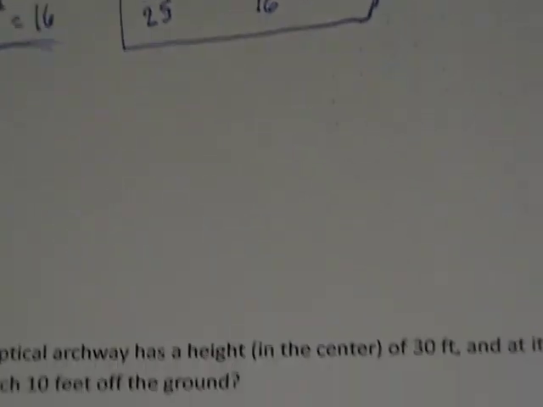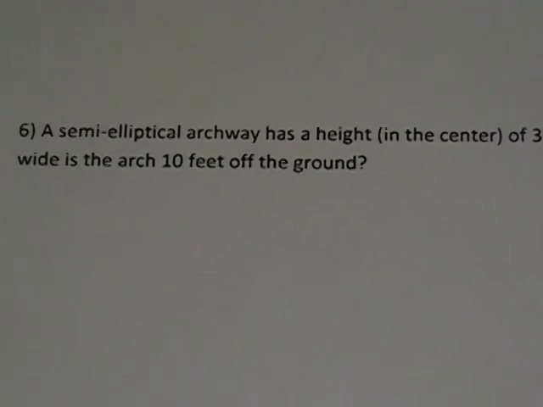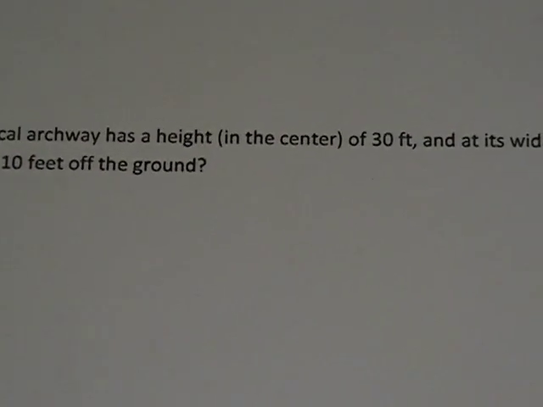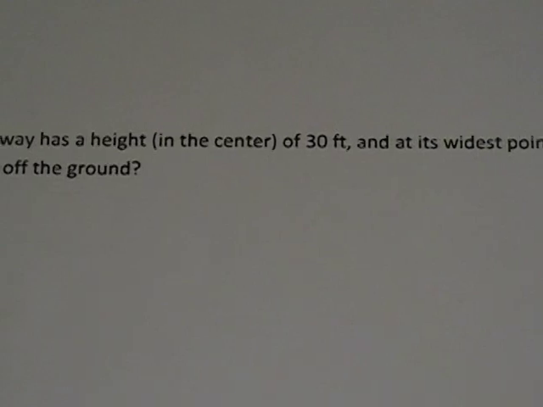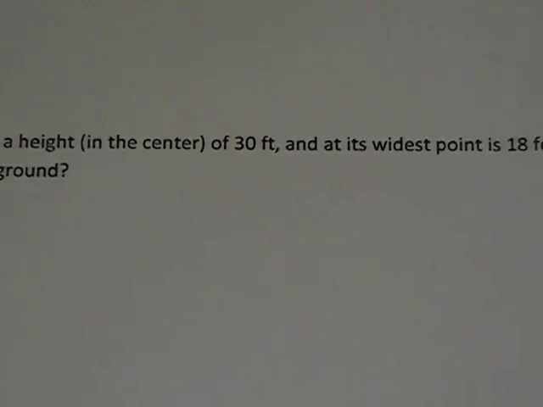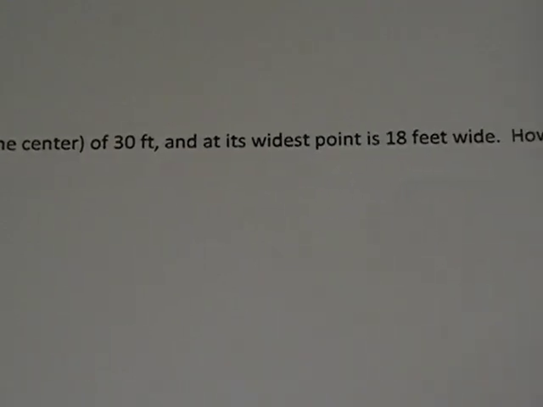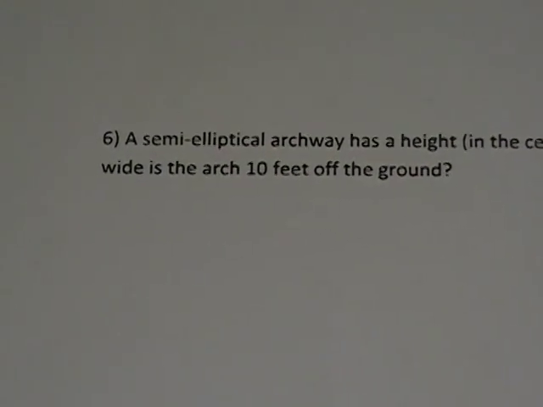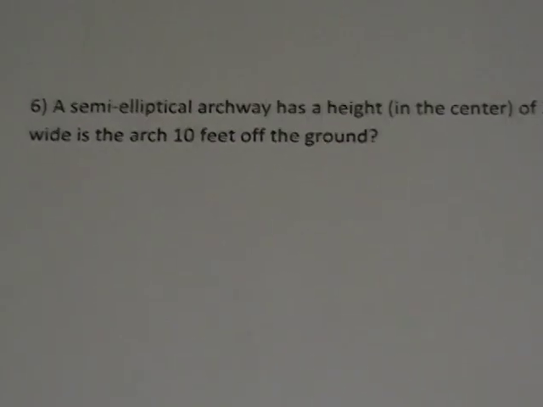Okay? So let's do an application. It says a semi-elliptical archway has a height in the center of 30 feet and at its widest point is 18 feet wide. How wide is the arch 10 feet off the ground? So I'm going to draw a picture of this to give us an idea what this looks like.